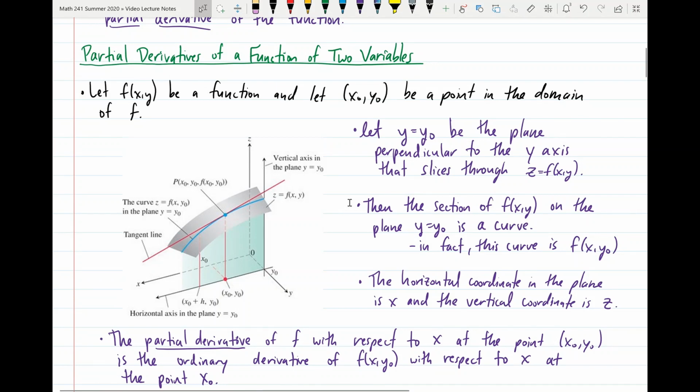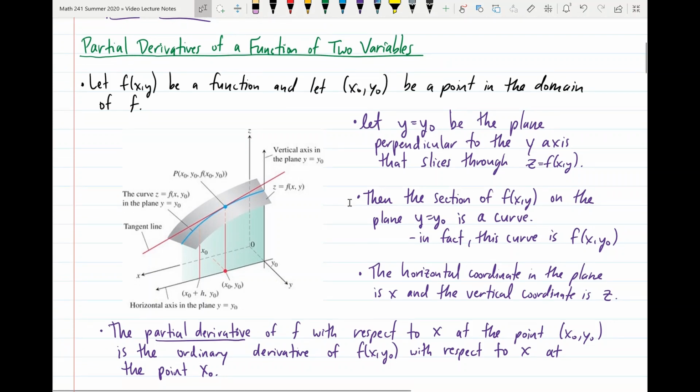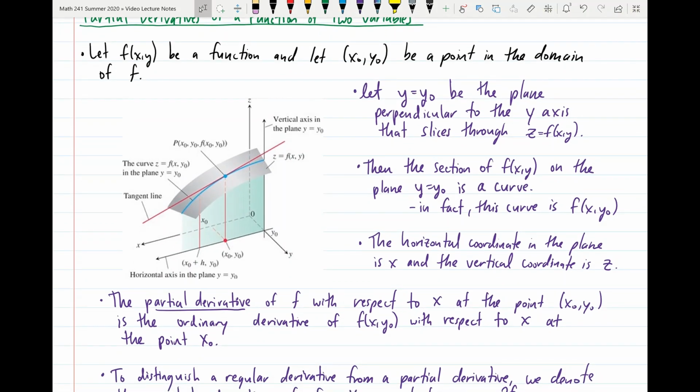Then consider that the equation y equals y naught gives us a plane that contains the point (x naught, y naught), and you can think about it as slicing through the three-dimensional graph of our function z equals f of x y. So that plane is this kind of bluish green image that's showing up inside of the diagram here. That's the plane y equals y naught.